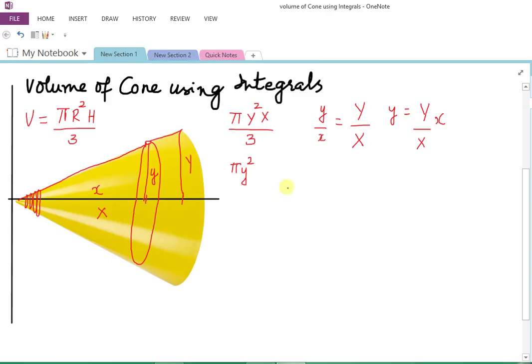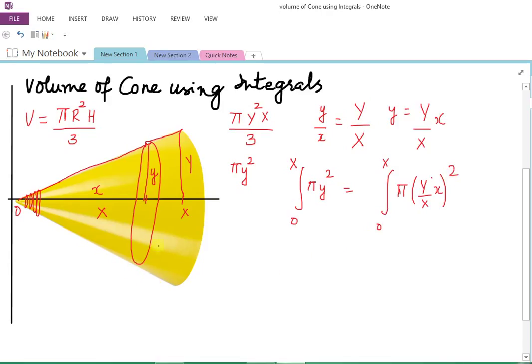So what do I now do? I integrate it, right? So here is 0 and this is my x. So I integrate this area over the interval 0 to x, pi y square, or 0 to x pi, let me do the substitution, capital Y by capital X into x, the whole square.